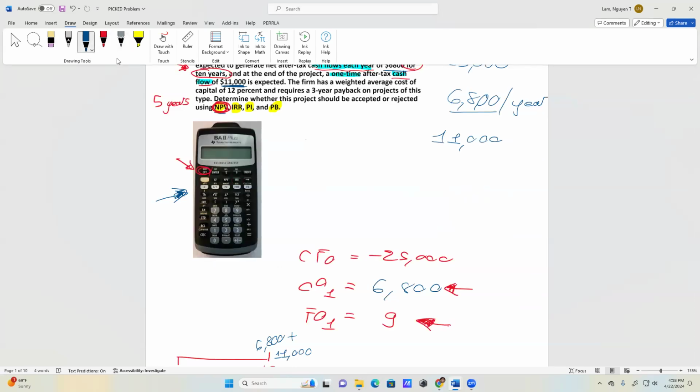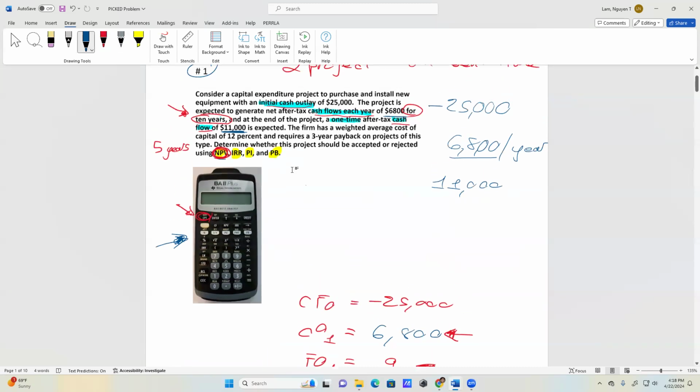The initial outlay we already know, 25,000, divided by annual cash flow. Annual cash flow is 6,800 right here. So 25,000 divided by 6,800 gives 3.67. All right, that's how you compute the PB value.